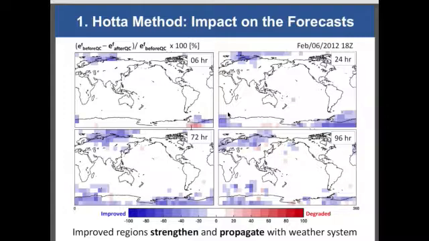We can see that this improvement actually grows in time and also propagates with the weather system at a later time. It continues to grow until about 3 to 4 days later, and then starts to decay. But you can see the improvement remains beyond 5 days.